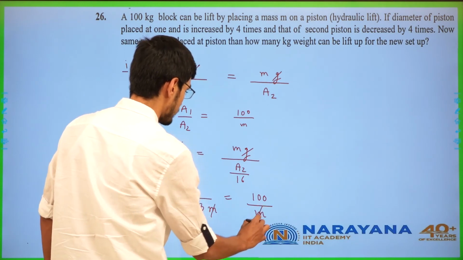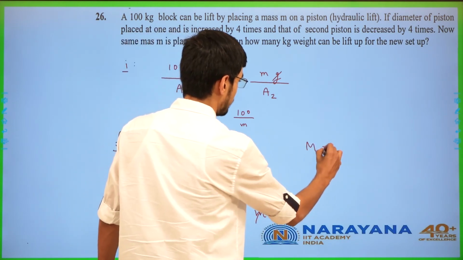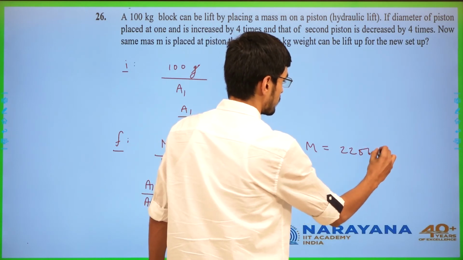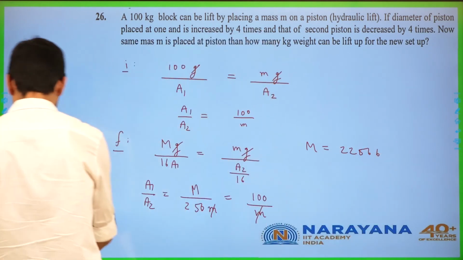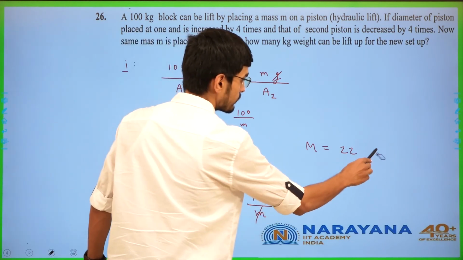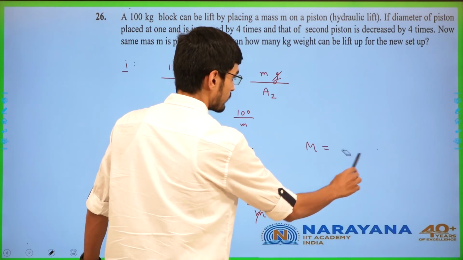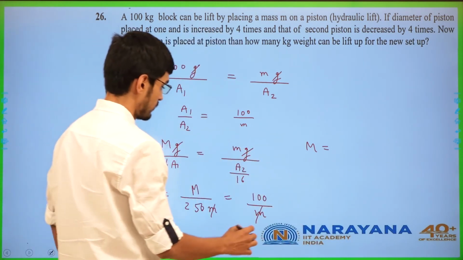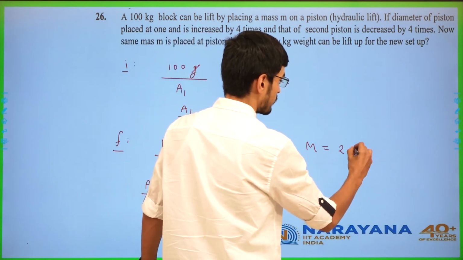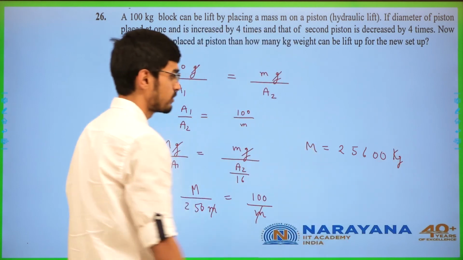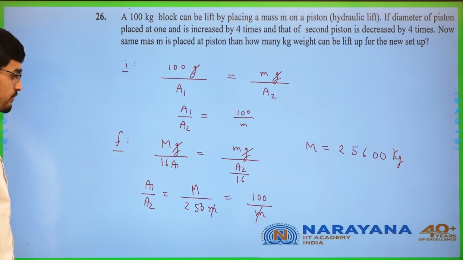So this m will cancel out, and the value of capital M which we obtain will be 25600 kg. So 25600 should be the result.